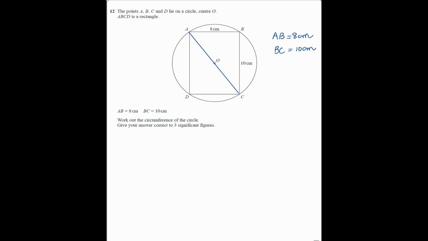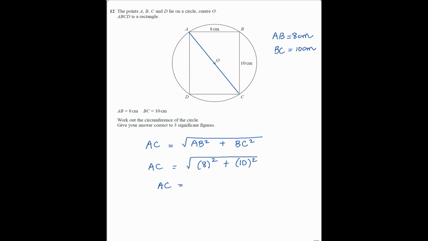So, to find the diagonal AC, AC equals the square root of AB squared plus BC squared, and that would be AC equals the square root of 8 squared plus 10 squared.